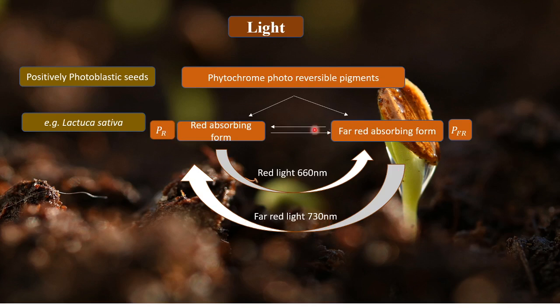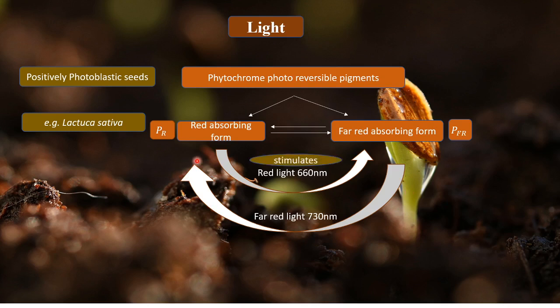Both of these pigments are interconvertible, right? So as PR absorbs red light, it gets converted to PFR, and as PFR absorbs far red light, it gets converted to PR, right?